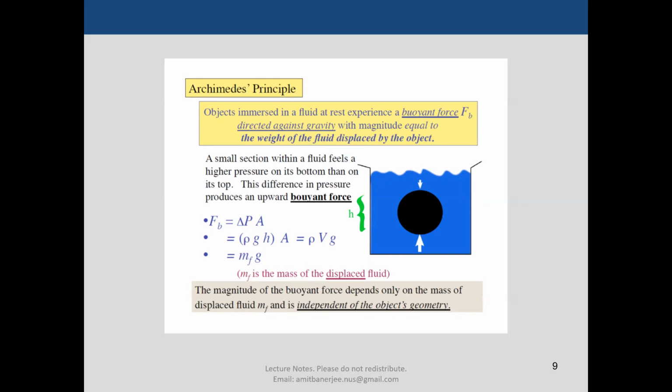The magnitude of this force is basically the weight of the fluid displaced by the object. So if the object has a volume V, then the weight of fluid it will displace is the volume times the density times gravity, and that's basically the force that it will feel.